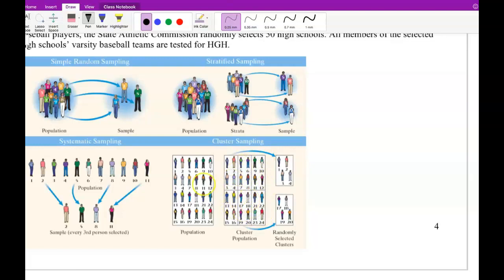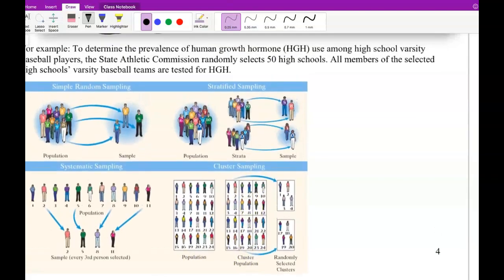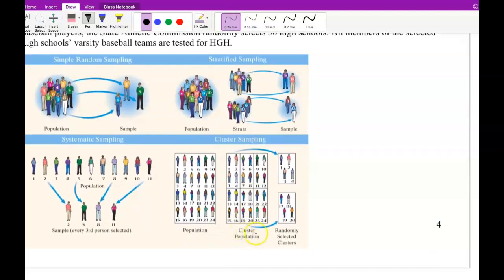So I divided this population by 6 to have this cluster population. So both of these are population, but since we divided by 6 to have groups, that's why we call it cluster population.